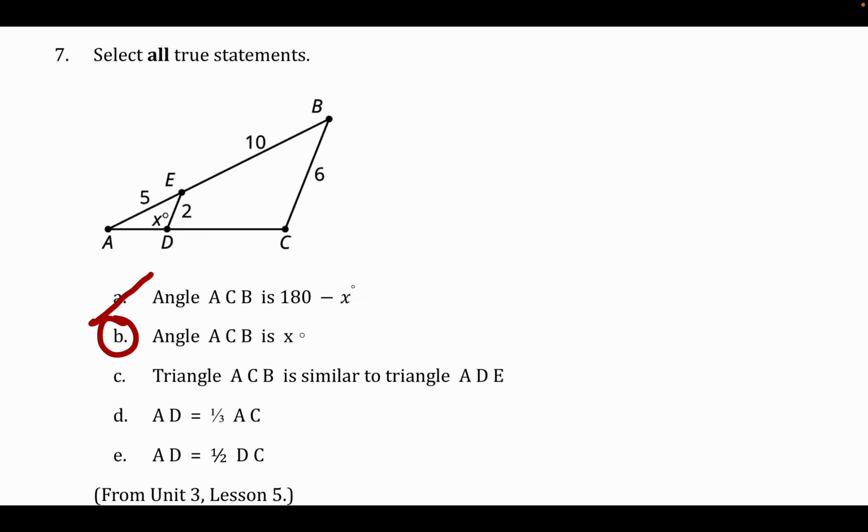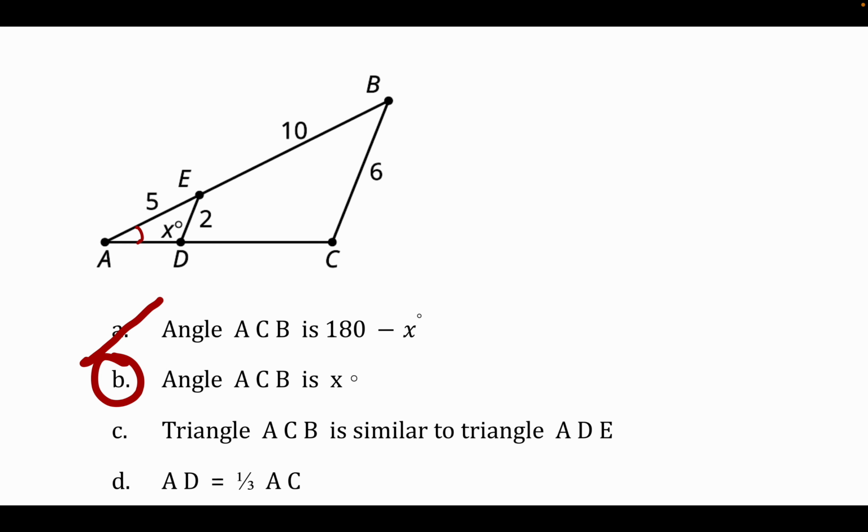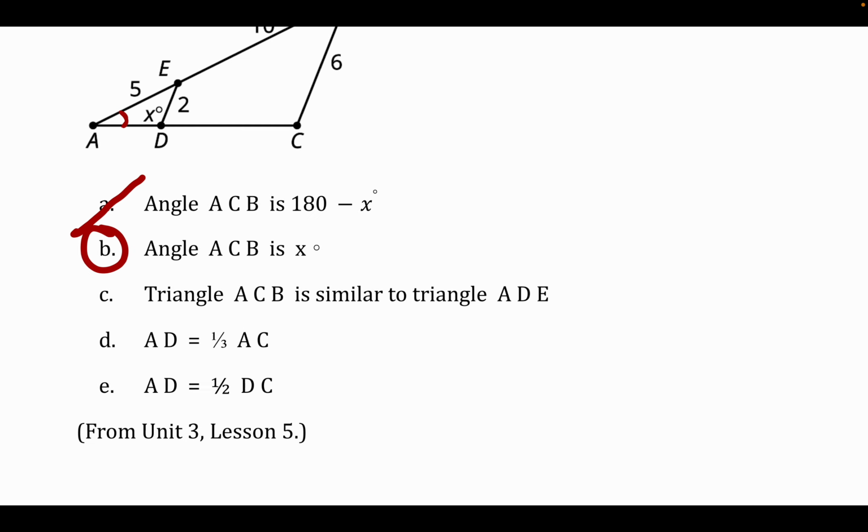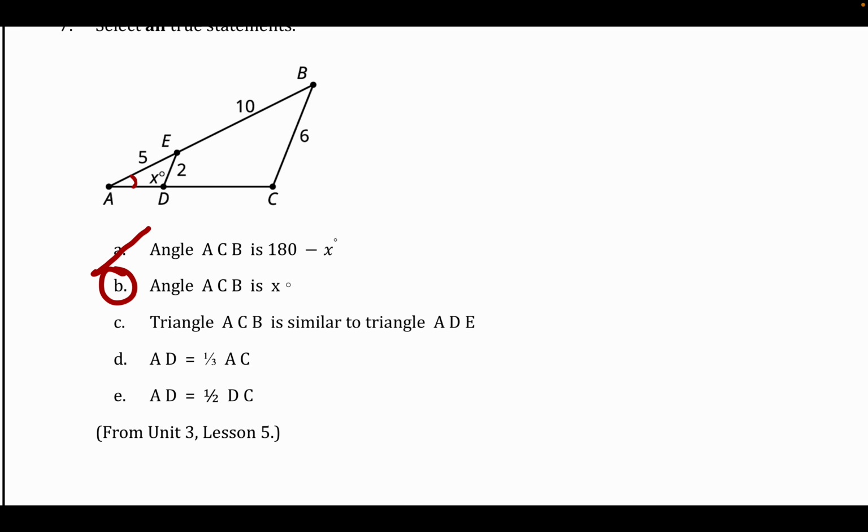The second angle I have beyond just the X is A, which is shared between them right here. So triangle ACB is similar to ADE. Absolutely, yes, that is going to be true. They are going to be similar.